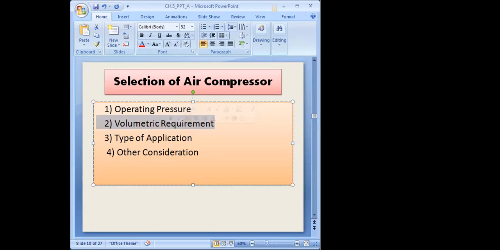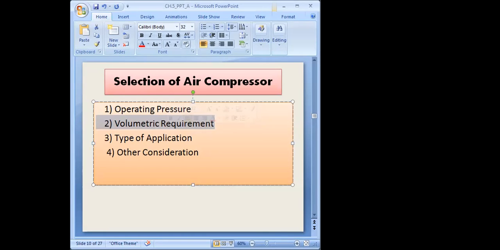Otherwise, if the required amount is only 5%, and you select a compressor having 50% capacity, that is an injustice. So depending on your plant's volumetric requirement, or the air consumption requirement of the pneumatic system, you can select your air compressor.